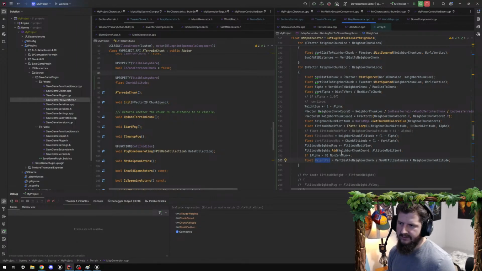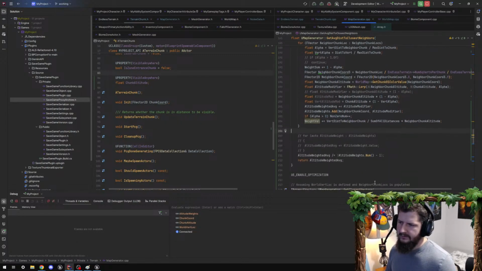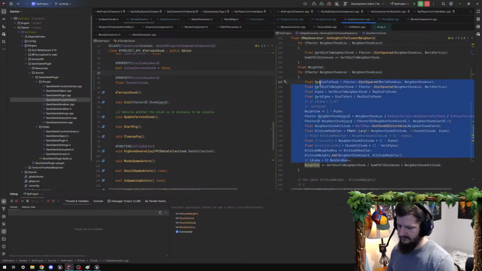right? And so I have this weighted val, which is essentially I just need to plus equals. So this should really just be like... Is this what you're talking about? Like if I just did that? Ignore all this other stuff.